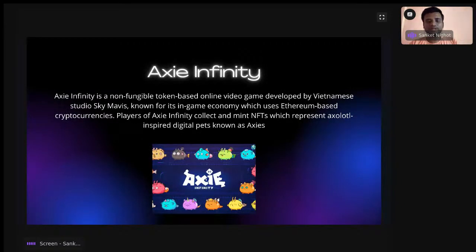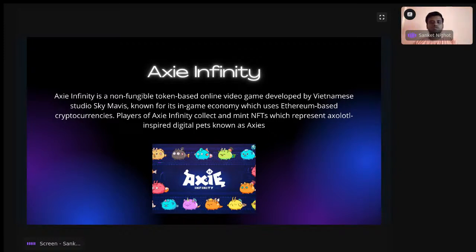So you can buy the pets there, and you can play with them, you need to feed them, and you can also breed with other NFTs. There are two users, they can breed their NFTs, and they can create a new NFT out of it. In this way these projects work. And there are also Axie tokens, which you can use. We are going to see these projects on the websites now.